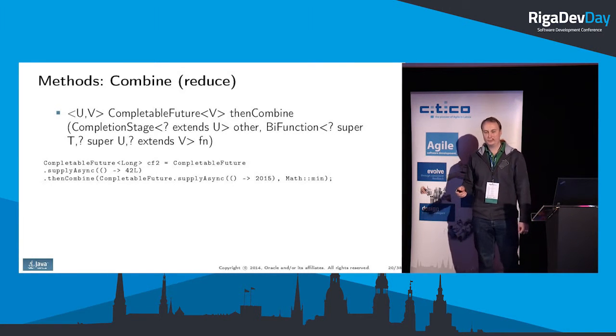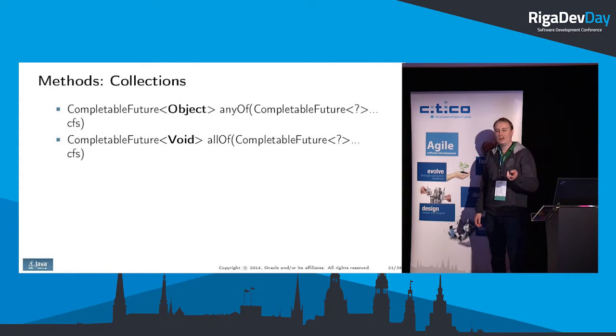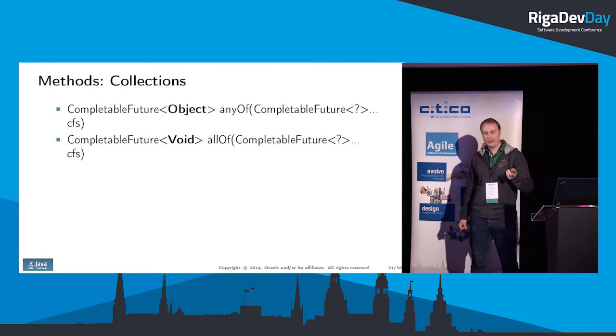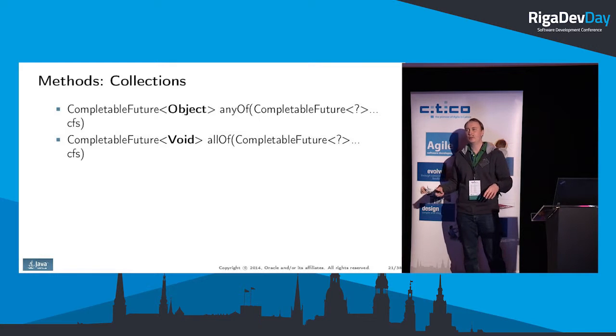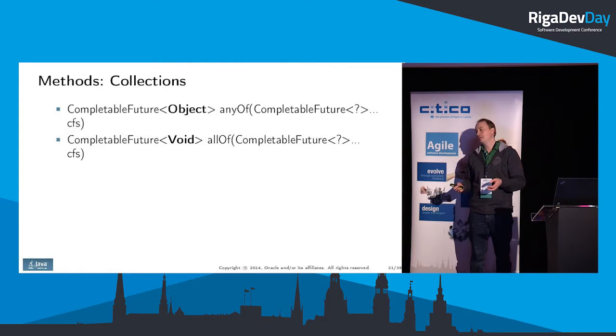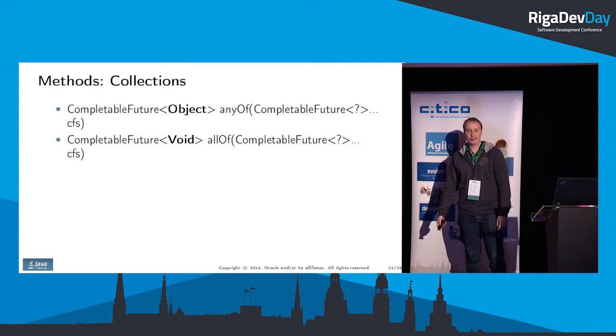People start to understand. Yes. The methods that are not present in the CompletionStage interface allow us to work with collections of completable futures. Sometimes you need to quickly understand whether you are okay with all of a set of futures, or maybe some of them, whichever is faster.